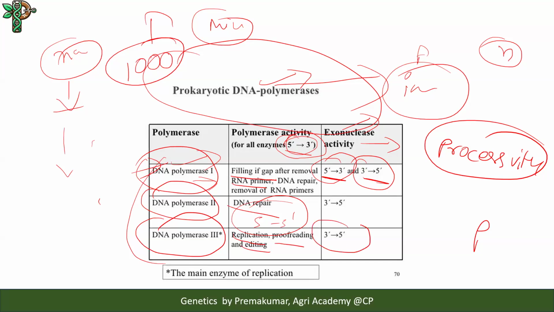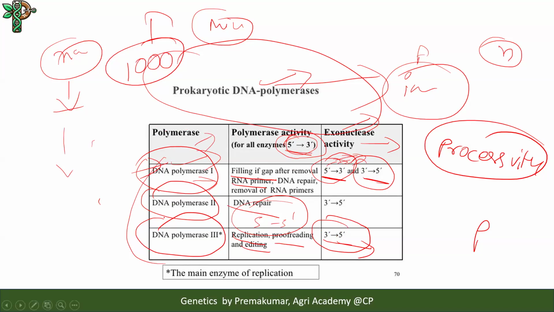Normally, the polymerase activity is 5 prime to 3 prime and the exonuclease or proofreading activity is 3 prime to 5 prime. But in DNA polymerase 1, the unique feature is that there is also exonuclease activity in the 5 prime to 3 prime direction.